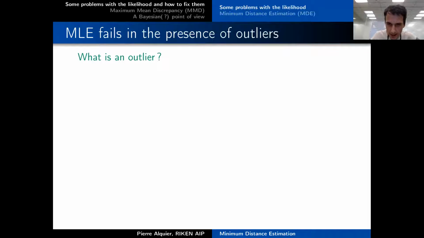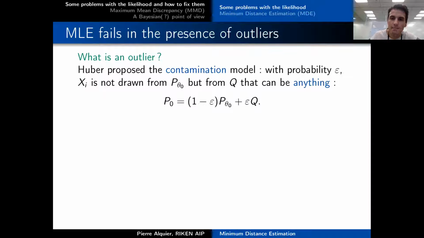Another thing I'm interested in in this talk is to have something that will not fail in the case of misspecification. A very simple remark: a possible model for contamination of data is Huber's contamination model. In this case, you think of the model as almost well specified, with large probability, but with small probability the samples are drawn from another probability distribution, which can be absolutely anything.